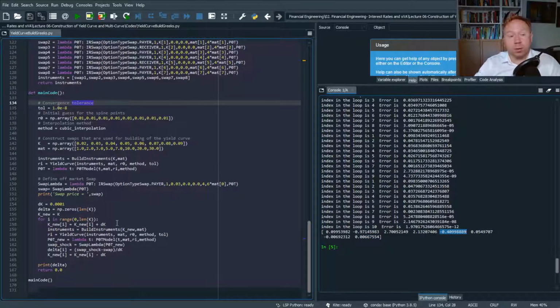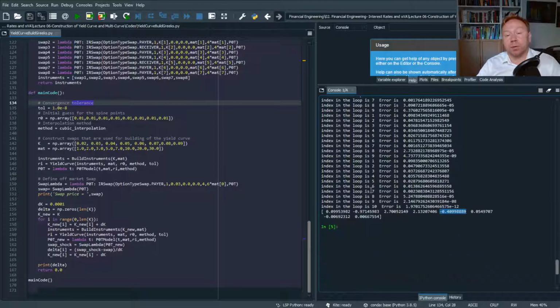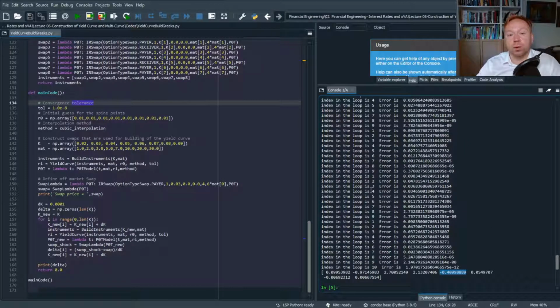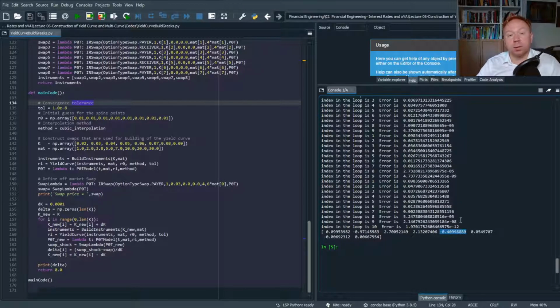So you can easily see that because of the different interpolation routine, we may actually have better properties of the curve, in that the curve is smoother, but the cost is that we may have a hedging issue. Our hedging expenses may be larger, and it may also be counterintuitive for a trader, who may not want to hedge a short-term swap with a long-term swap.